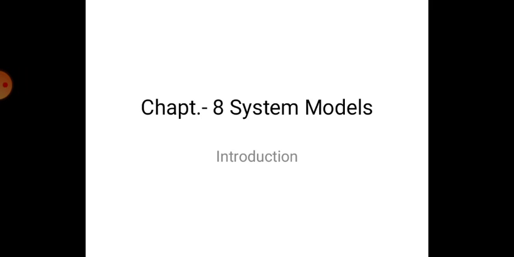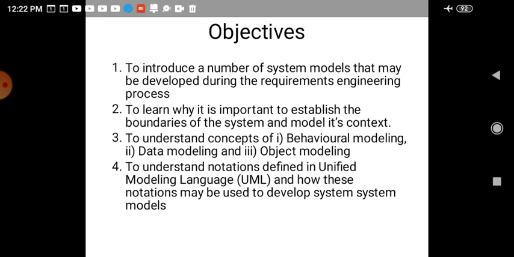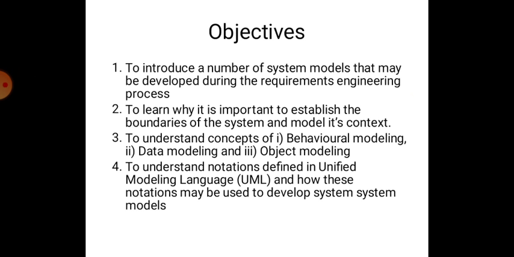Today we will make the beginning of a new chapter, that is system models. The objective of this chapter, system models, is to introduce a number of system models that may be developed during the requirements engineering process.